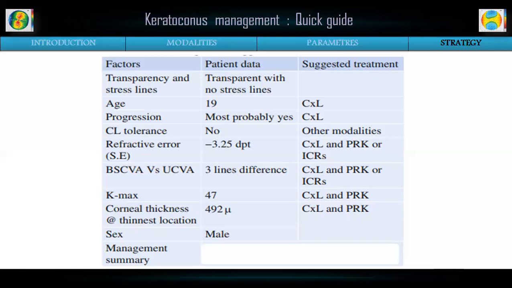The sex is male, so we see in this table that the suggested treatment is cross-linking because it's progressive, and the cross-linking we can suggest for the patient with or without PRK.